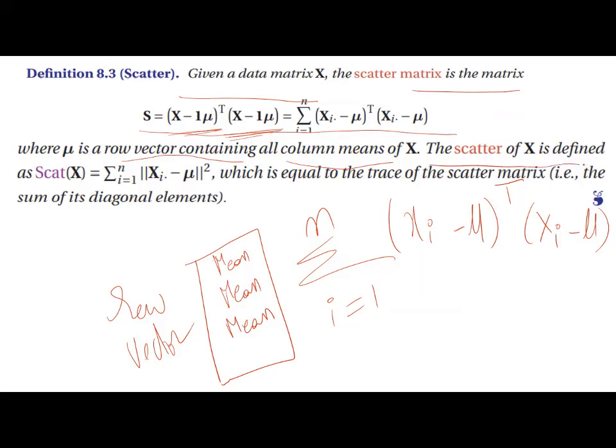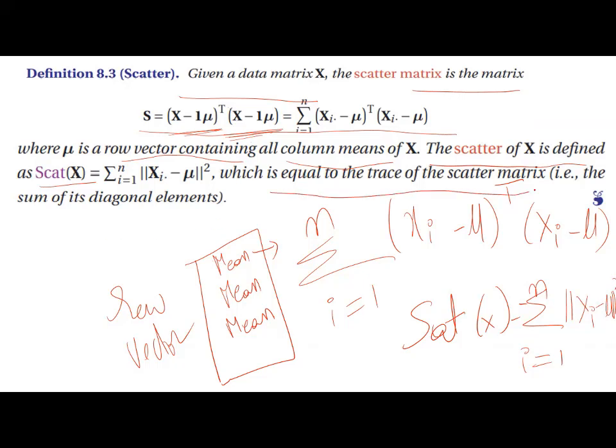The scatter of X is defined as the sum over i equal to 1 to n of the modulus of xi minus mu, whole squared. This distance is equal to the trace of the scatter matrix, the sum of all its diagonal elements. This is the definition of scatter matrix. We will see more in the next class.